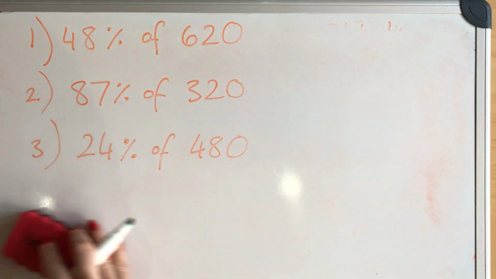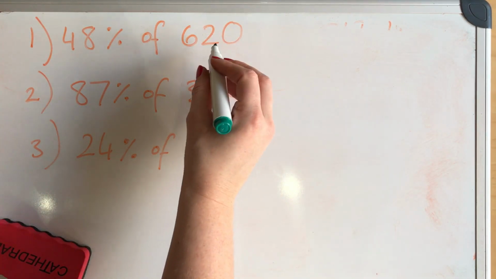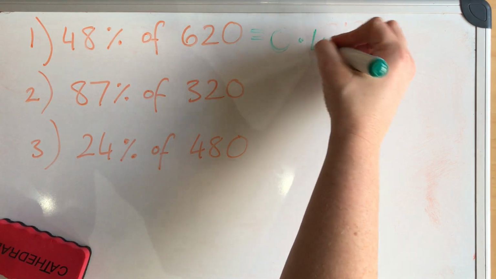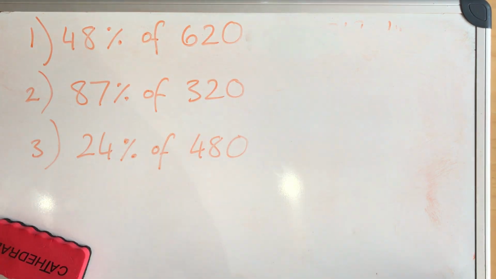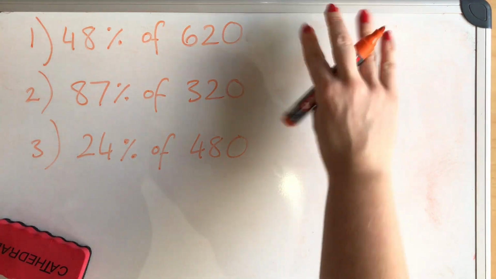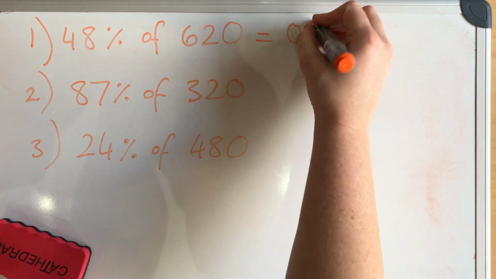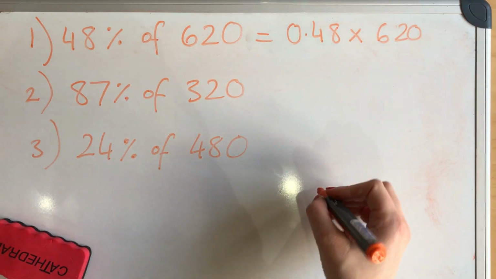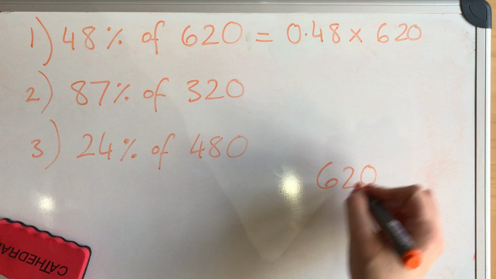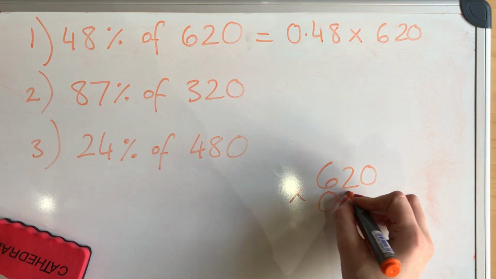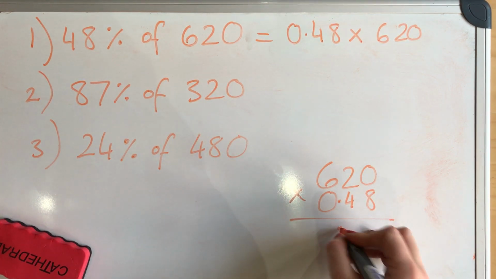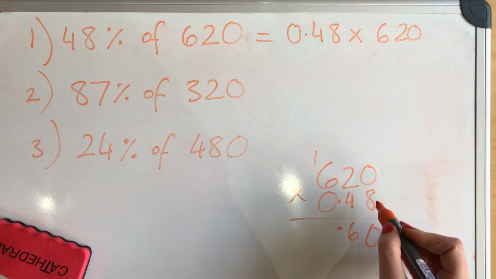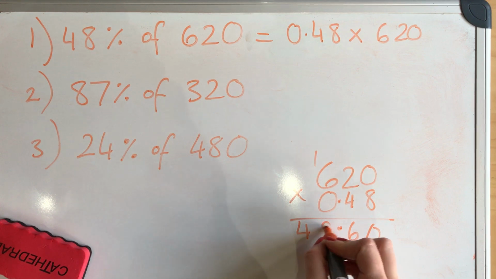So let's do the first one. 48% of 620, so that's going to be 0.48. Sorry, let me go back to my orange, which is a better pen. So 0.48 multiplied by 620. So I've got my 620 multiplied by 0.48. Put my decimal point in. So 0, 16, carry the 1, 48, 49.